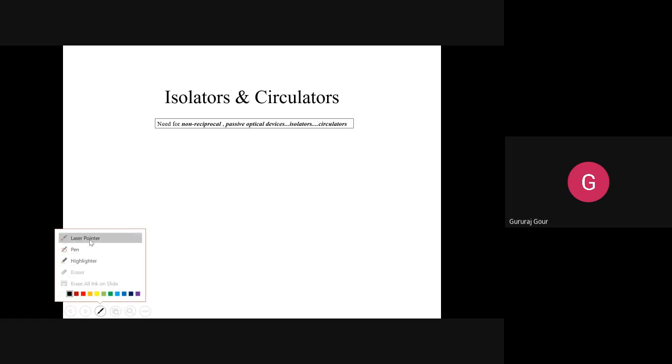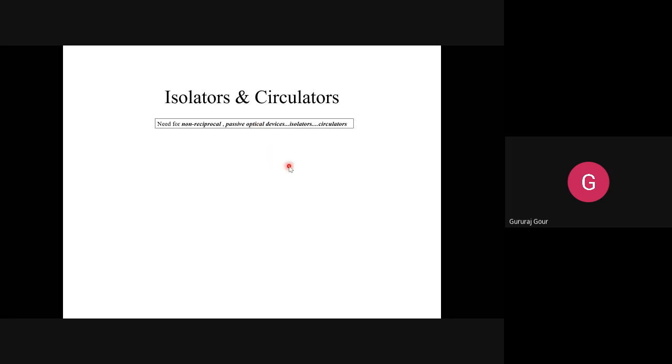As we already discussed, these are passive devices and non-reciprocal. They are going to circulate the energy coming from one port to the next successive port, not in any random manner. That's why they are known as non-reciprocal devices.